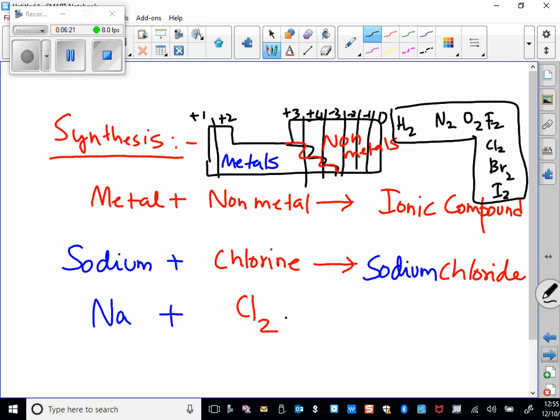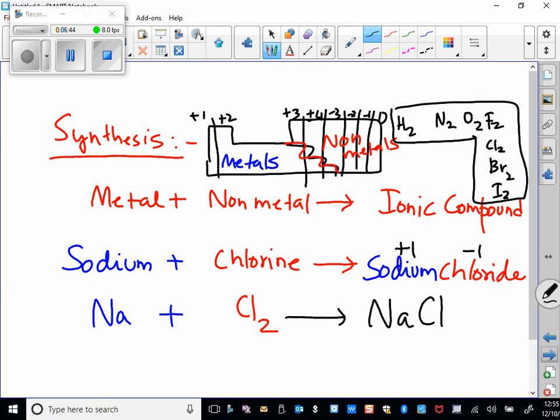Now, I'm going to write the formula of sodium chloride. Na is a +1, and chlorine is a -1. So my formula for sodium chloride will be NaCl. It cannot be NaCl2.